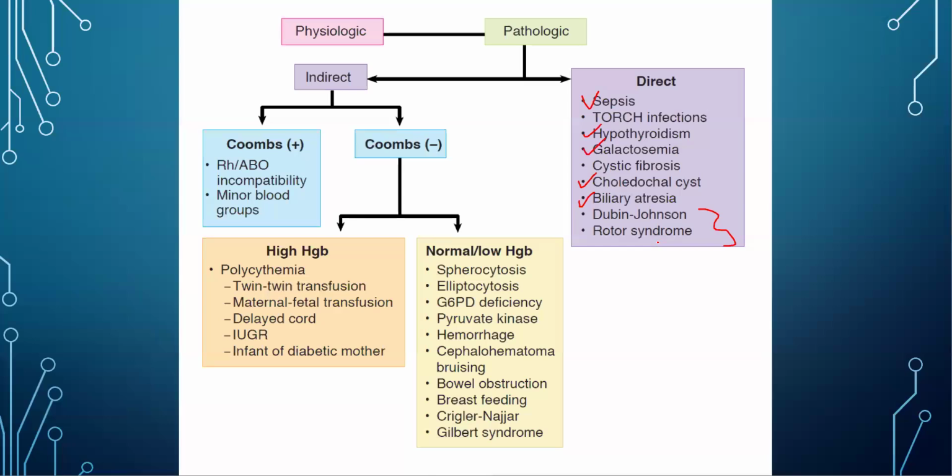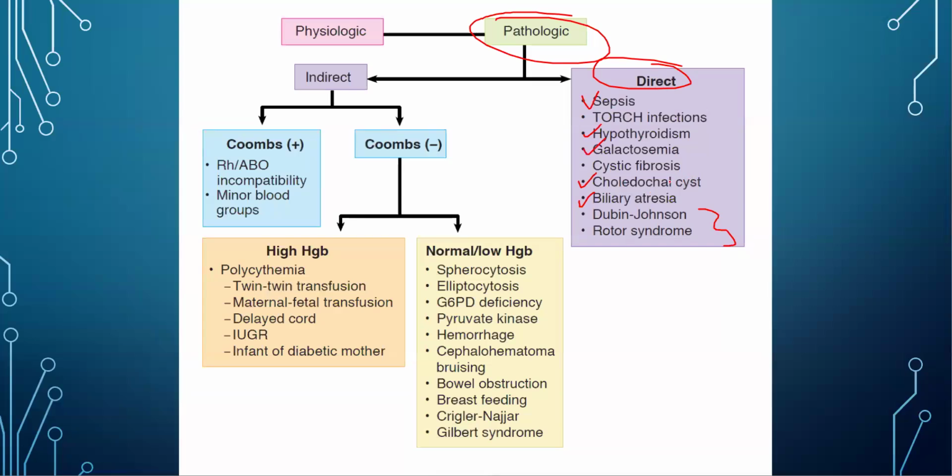Now, this chart is very good to give a good idea about what we have discussed so far. So if you have a patient who you think has pathological jaundice, the first thing you find out is whether it is direct or indirect hyperbilirubinemia. If it is direct, then you just have very small things to rule out.